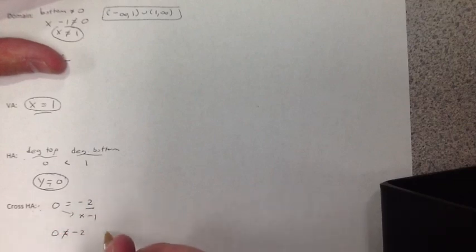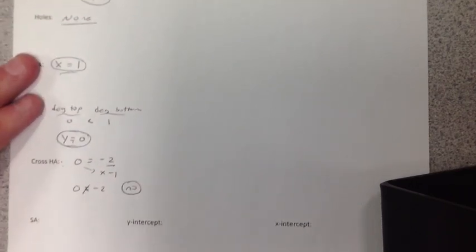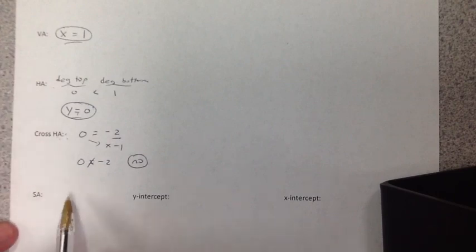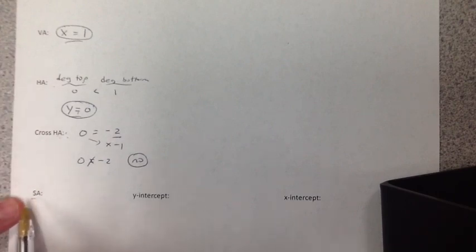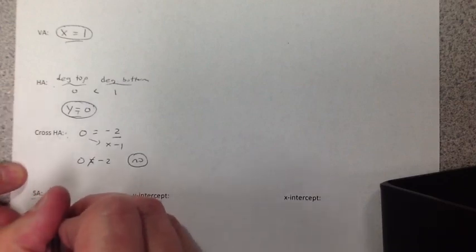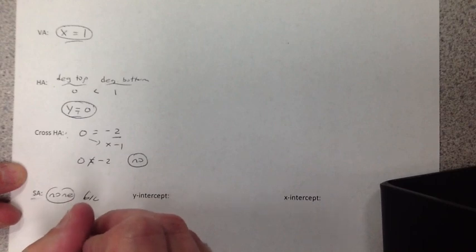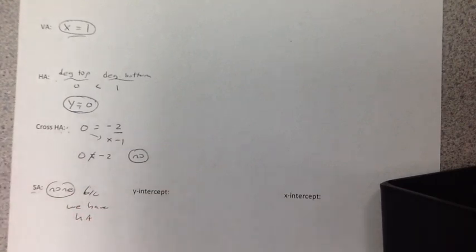That's not true, so this will not cross the horizontal asymptote. Now, as you may recall also from last year, slant asymptote. If you have a horizontal asymptote, there is none.